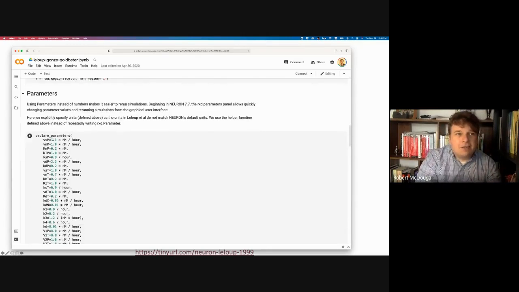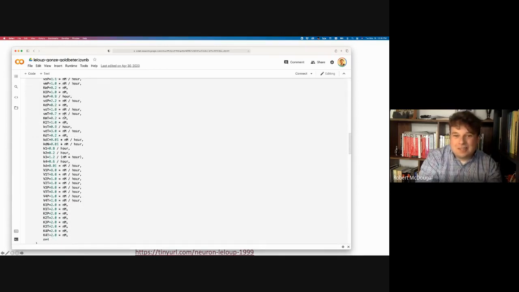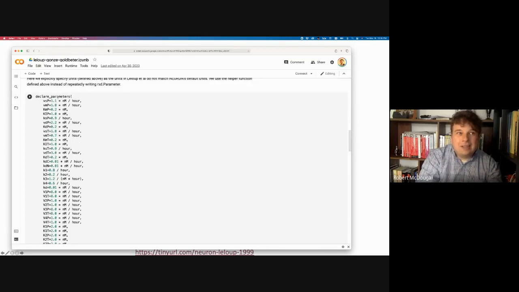Then I can define my parameters. This is straight from the paper. It was very nice. They had a table of parameters. I didn't have to convert anything, and I didn't have to figure out what is this and what is this in millimolars per millisecond. No. NEURON provides units. This is why NEURON provides units.